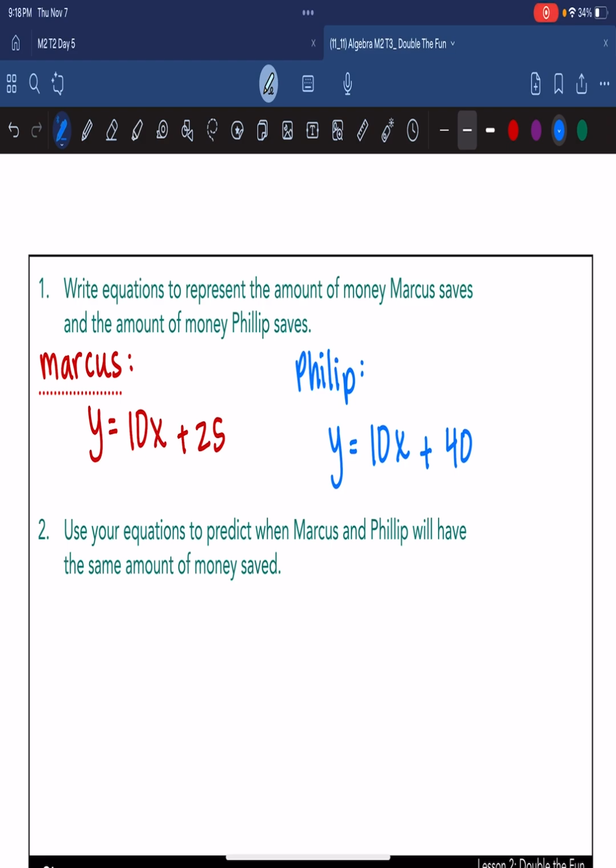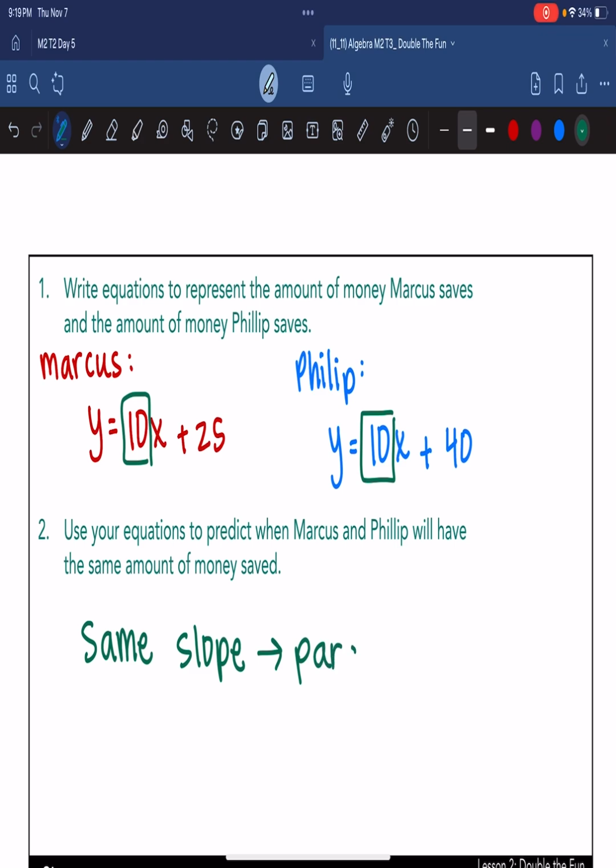So using our equations to predict when Marcus and Philip will have the same amount of money saved. Hopefully you noticed that both equations have the same slope. And hopefully you remember that means that they are parallel, which means that they will never meet.